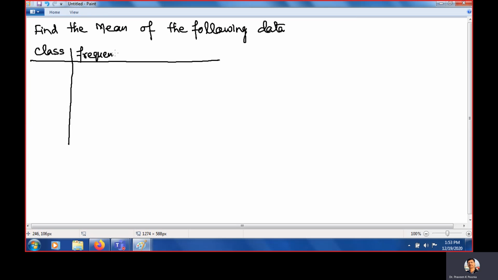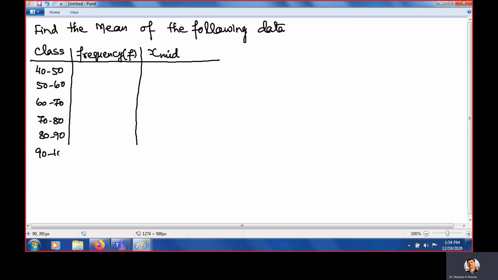Frequency, means f is given. Then what we need to find? X mid we need to find. Okay, let us write 40-50, 50-60, 60-70, 70-80, 80-90, 90-100. If this data is given, we are going to analyze it.